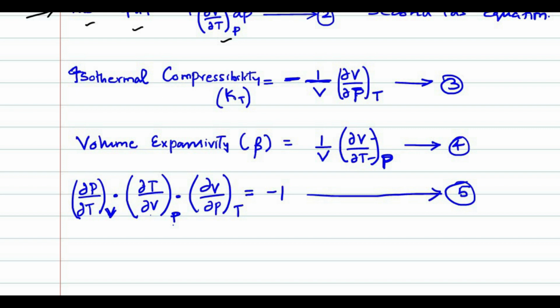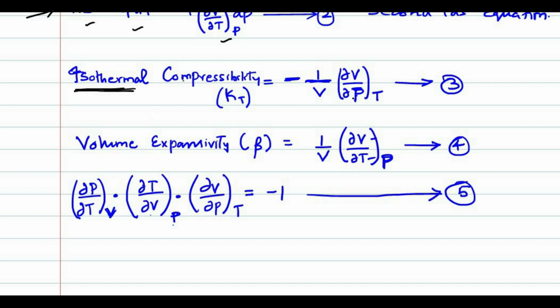So isothermal compressibility is a term which is used to show the variation of volume with respect to pressure at constant temperature. The word isothermal means at constant temperature.